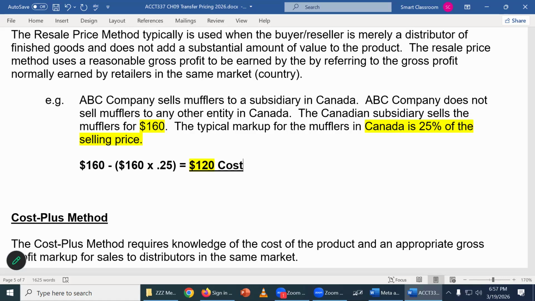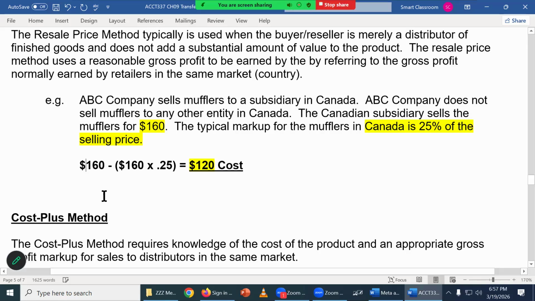To get to 160 from 120. Yeah, about a third. Yep. 33%.